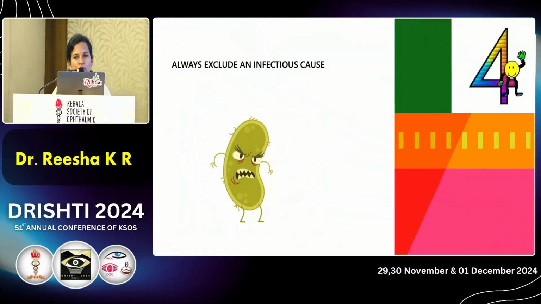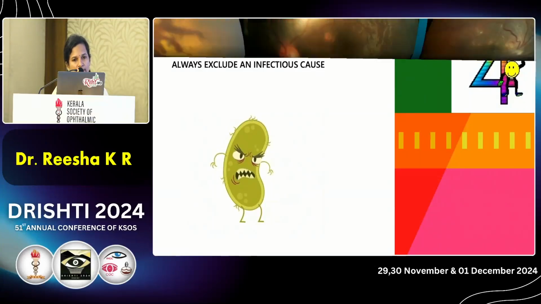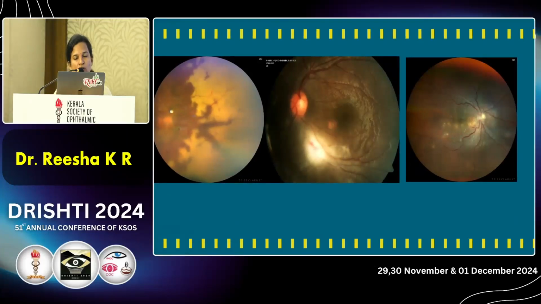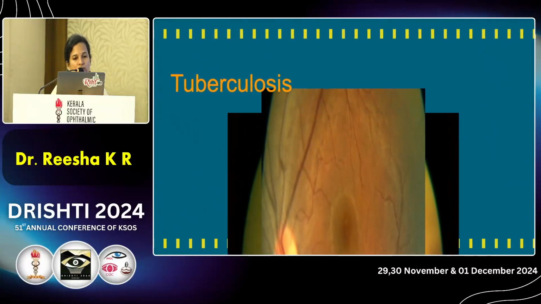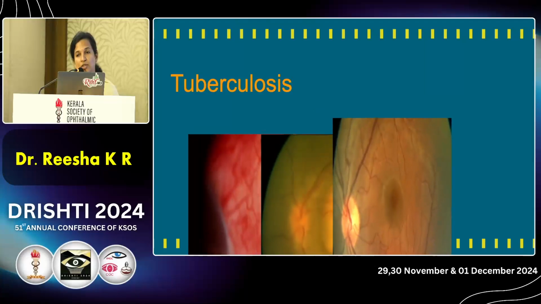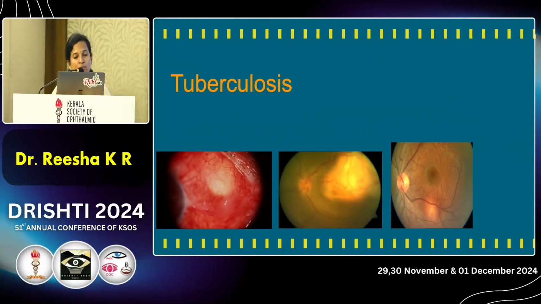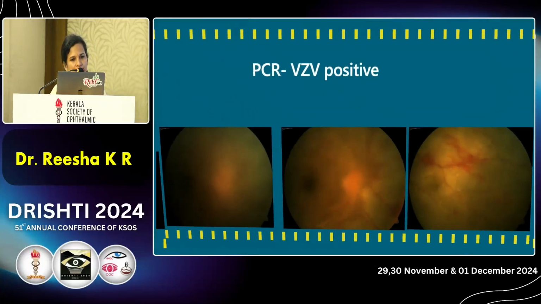The fourth tip is always exclude an infectious cause. These are examples of infectious uveitis. The first one is ARN, which needs immediate treatment, the second is toxoretinochoroiditis, and the third one was DUSN. And of course, always rule out tuberculosis in all uveitis because it can have protean manifestations.